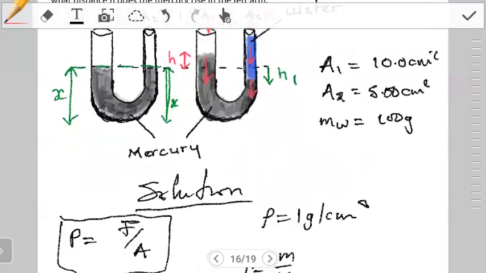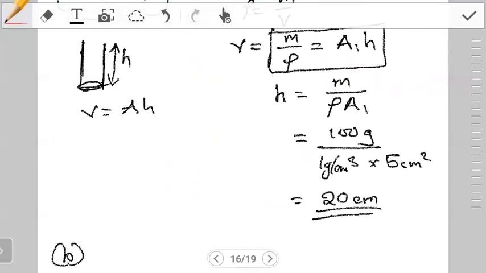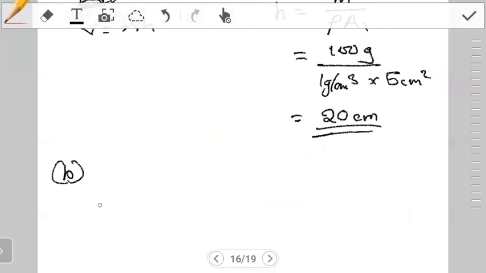Okay, if I use that approach, first on the left arm we have the atmospheric pressure. After that, we have the pressure due to mercury. That height, remember, increased by that factor h, so it's x plus h.